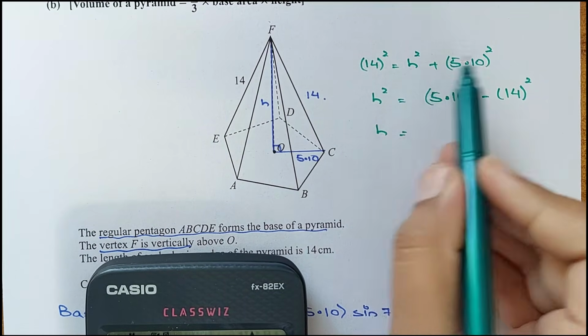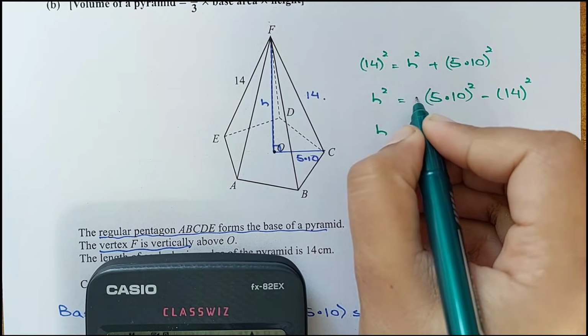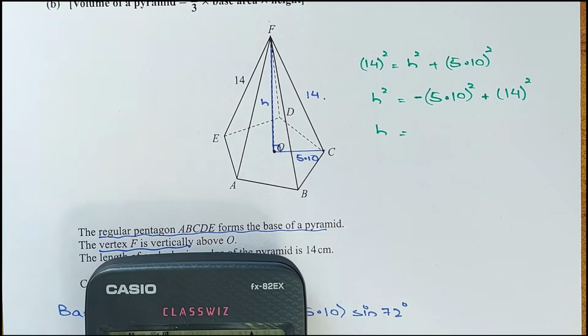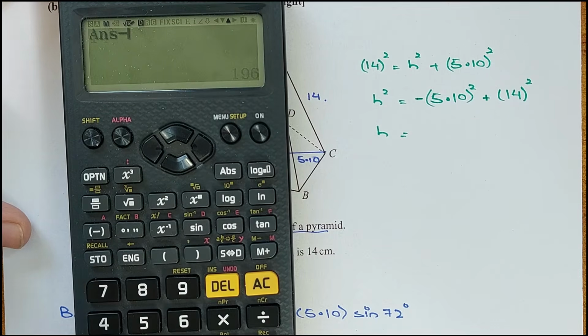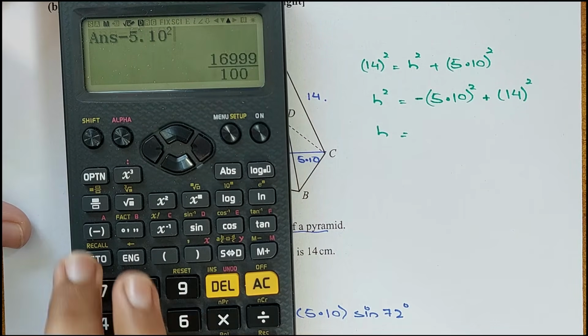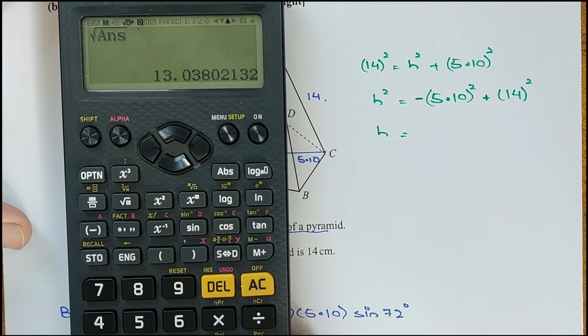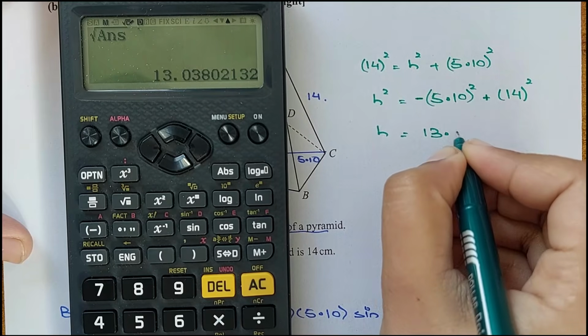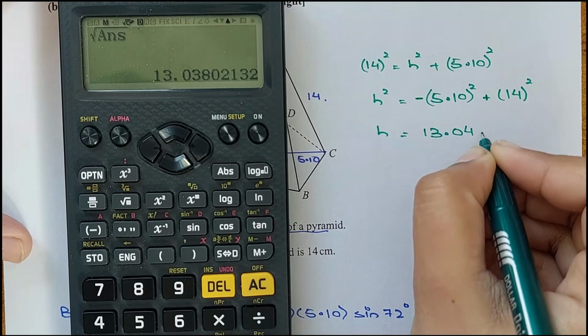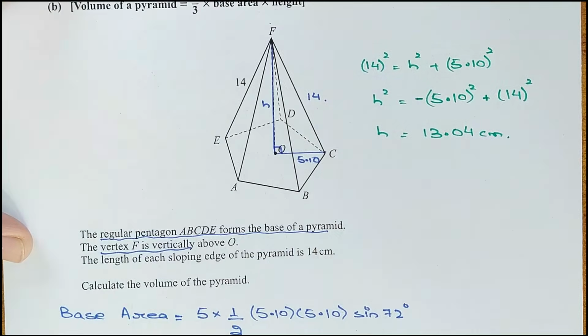Let me do it again. 14 squared minus 5.10 squared, and the square root of the answer is 13.03. So height is 13.04 centimeters. This is the height.